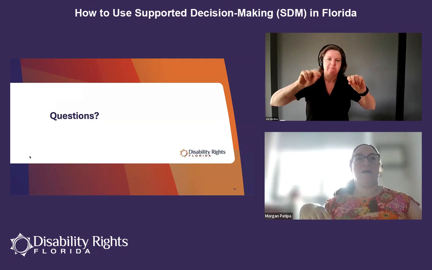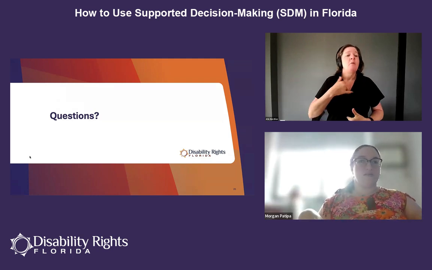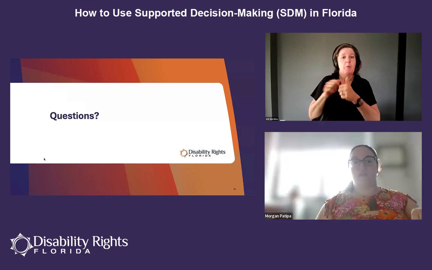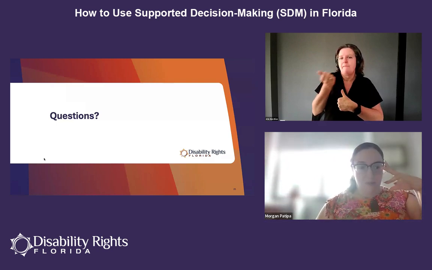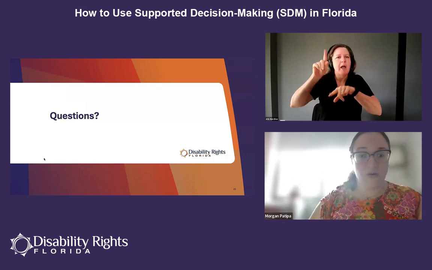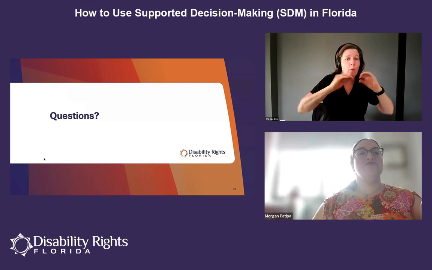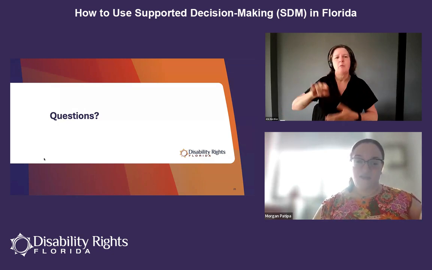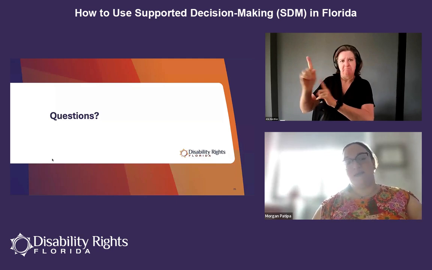Typically the way I like to approach this when we have that initial call is I go through several different documents that have been developed by different organizations to explore if SDM is right, and if so, what needs to be in the agreement.